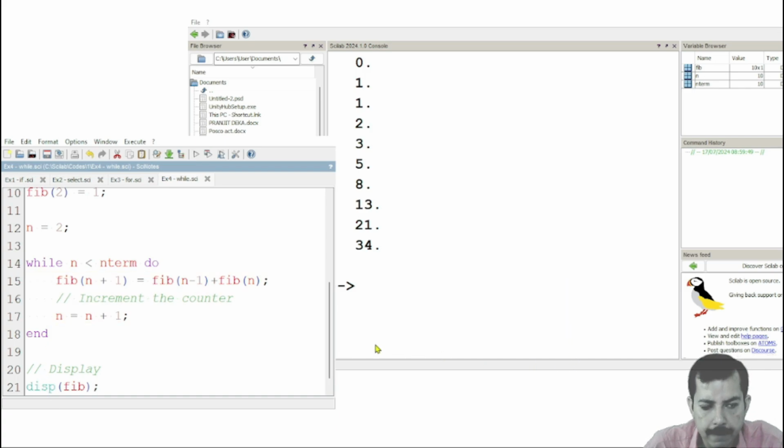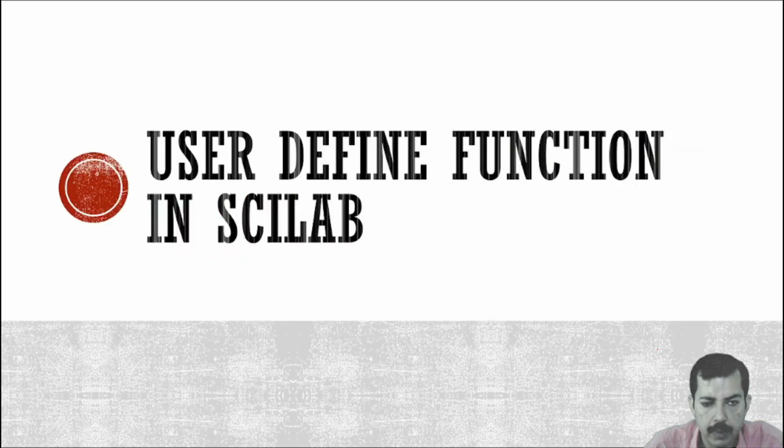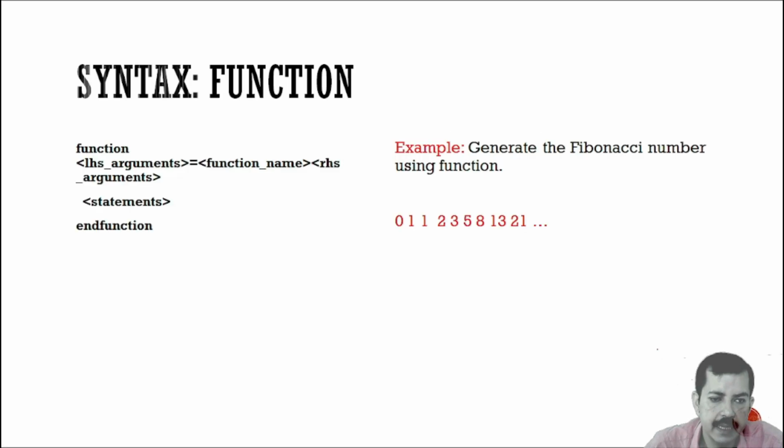Now next part: how can you define a function in Scilab? The general syntax for defining a function is, first you write the function, and then some arguments. It may be a single argument, or it may be some array or something.